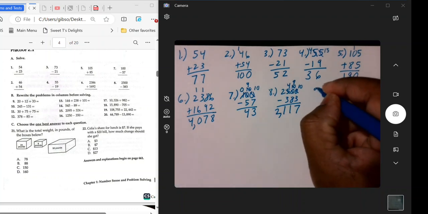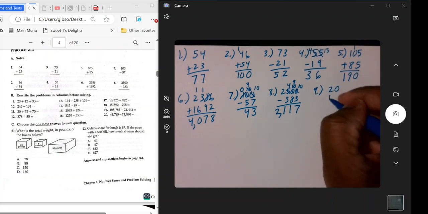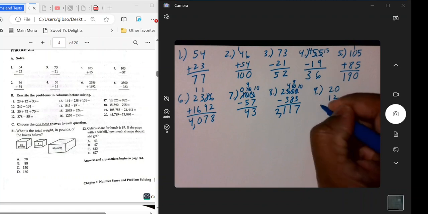So with problem number 9, if you notice, we have 3 numbers that are added together. Now, whenever you have addition with 3 numbers, you have to line those numbers up. And fortunately here, all of these numbers are 2-digit numbers. So you have 20, you have 12, and you have 33.